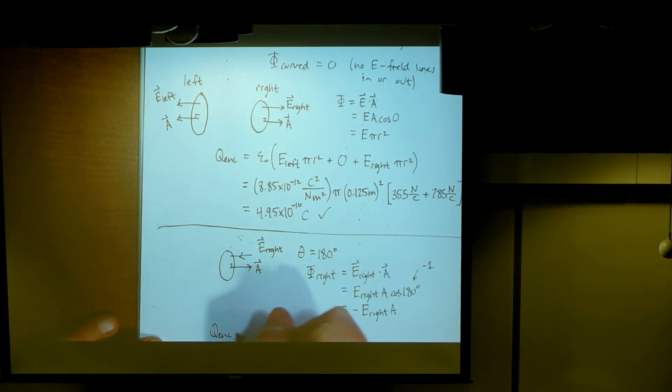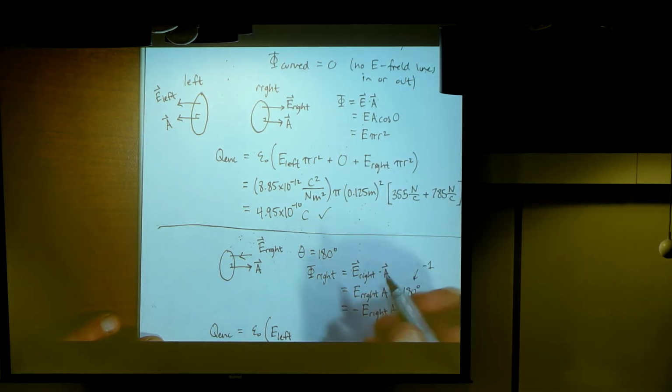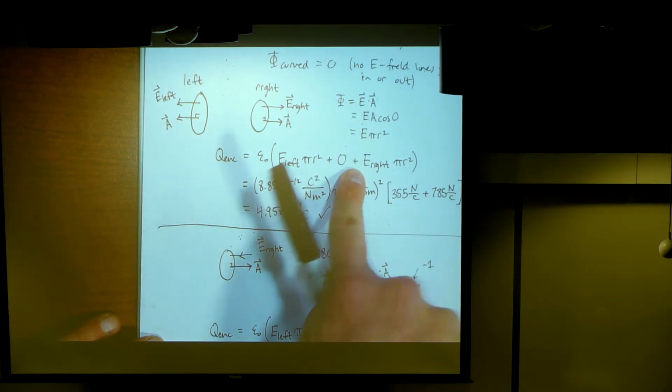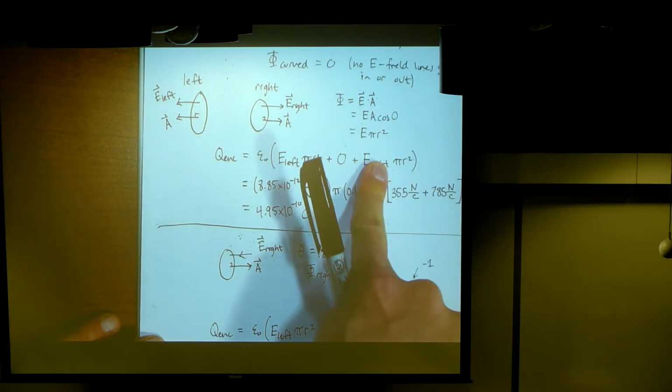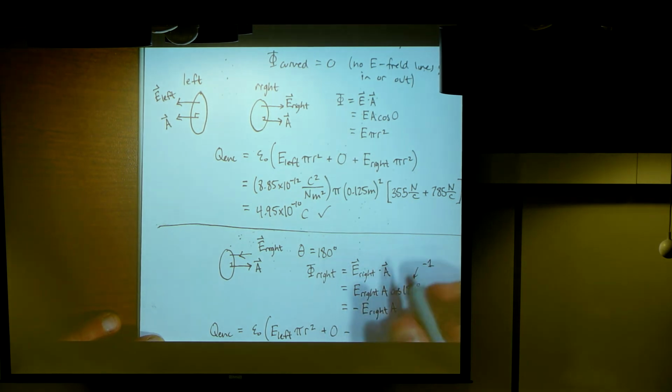So we have Q enclosed equals epsilon naught times, the flux at the left end, which is still positive because the lines are coming out from that end, E left pi r squared. The flux through the curved part is still 0. And this flux is now negative, because we have the lines going into the surface: the electric field at the right side times the area, which is still pi r squared.